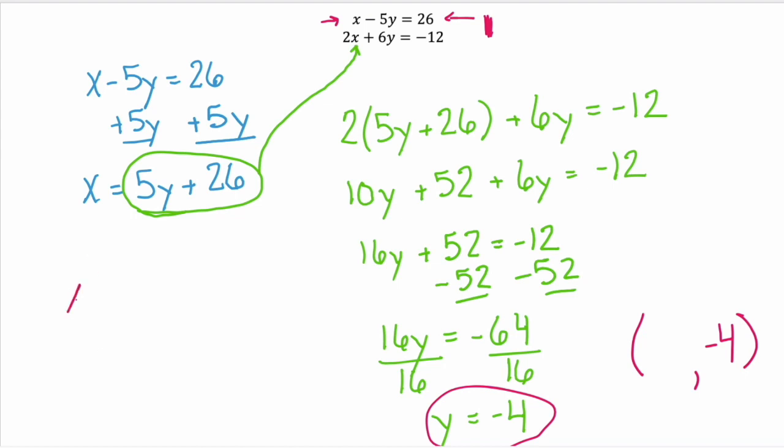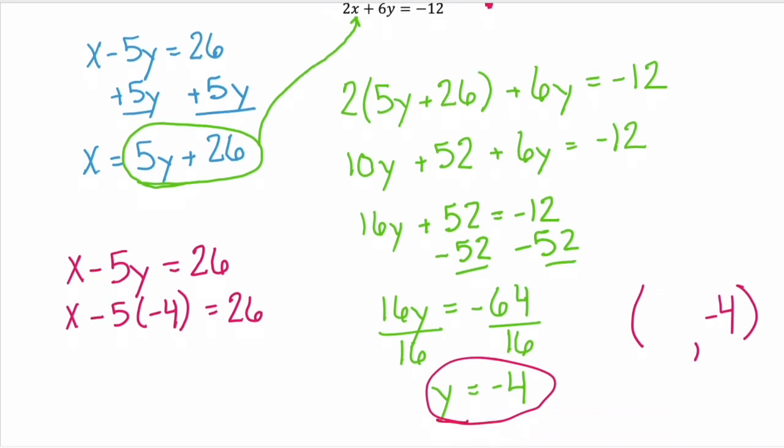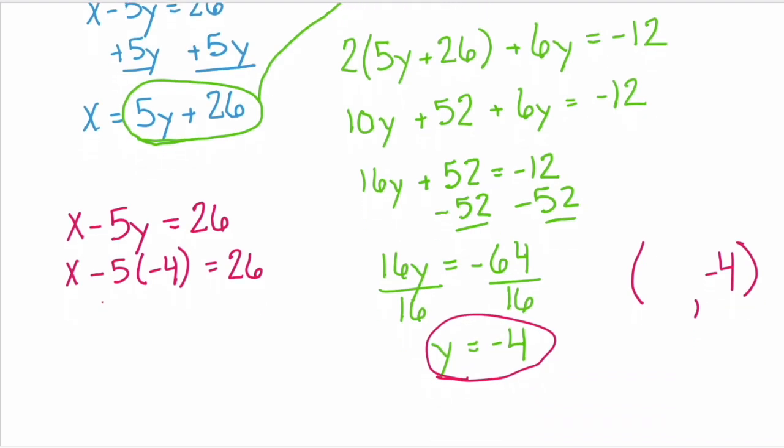So we're going to use the x minus 5y equals 26. And we know that y is negative 4. So we substitute that in for our y. Now we only have the variable x left. So when we solve this, we'll know what x is.